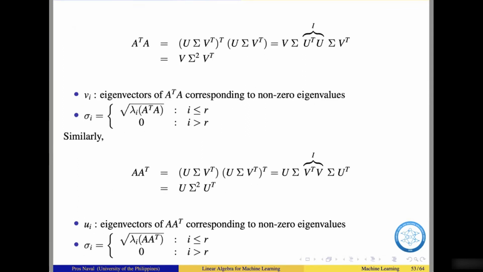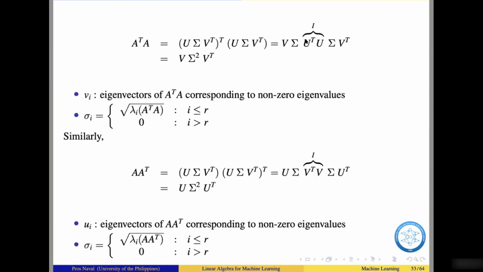Let's take a look at the quantity A transpose A. This is your Gram matrix. If you do this calculation, A transpose A is just (U sigma V transpose) transpose times U sigma V transpose.